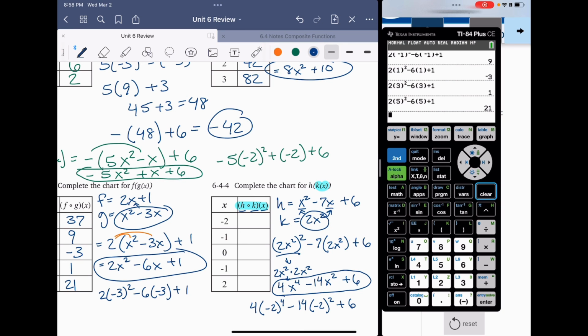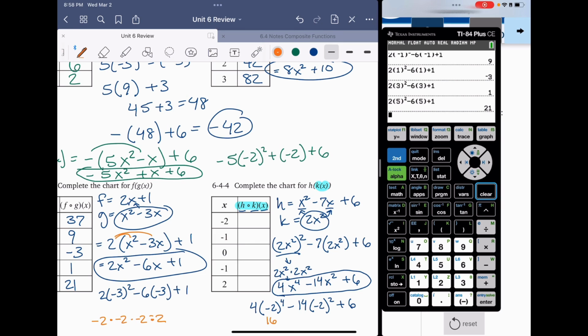Negative 2 to the 4th power means negative 2 times negative 2 times negative 2 times negative 2. I'm going to do that off to the side over here. The negatives will cancel because I have negative times negative times negative times negative, so it's going to be positive 16.